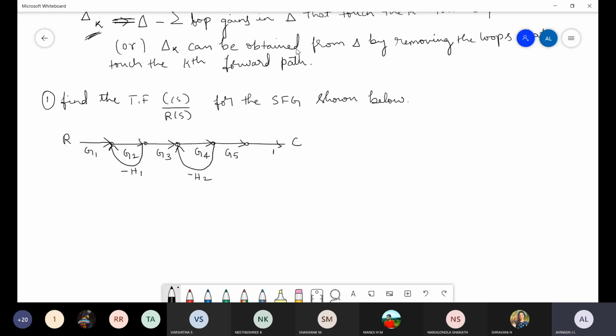And in the backward direction G6, G7 and G8 are moving.